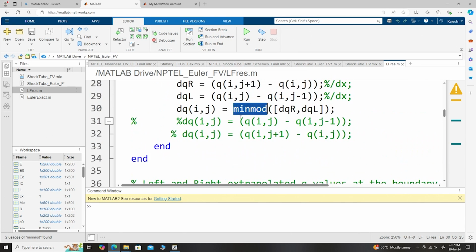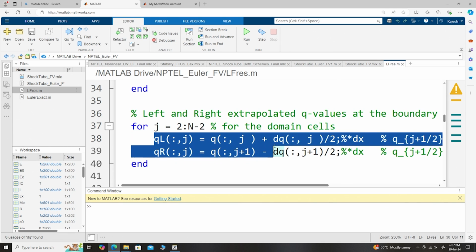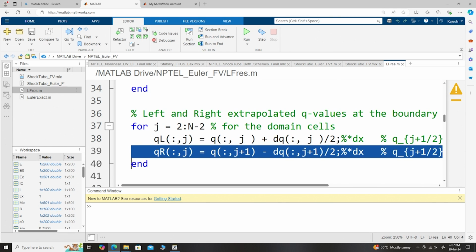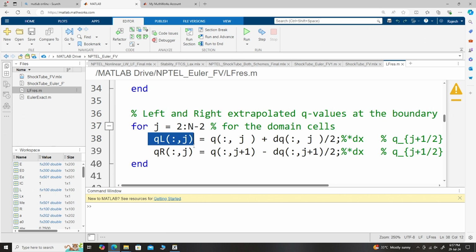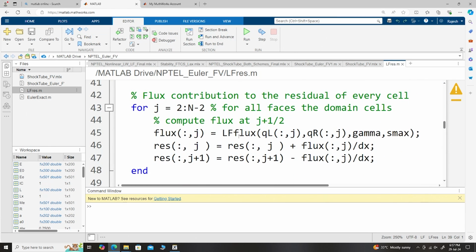So we got the gradient here. You add it on the left and subtract it from the right, and you get this QL and QR value. Take the j plus 1 value and subtract the gradient from there, take the j value and add the gradient to it, and you get the flux.